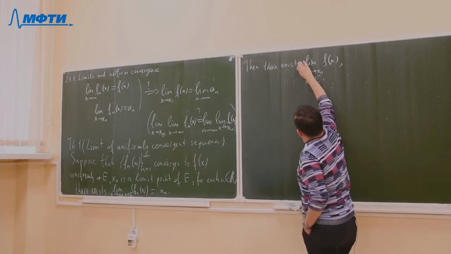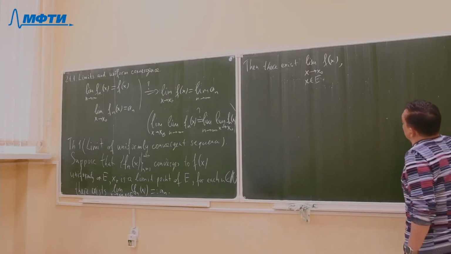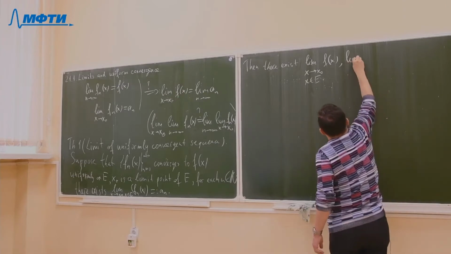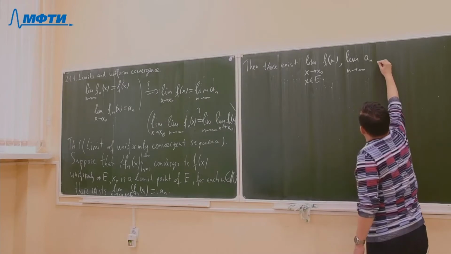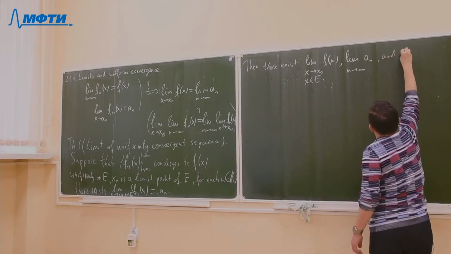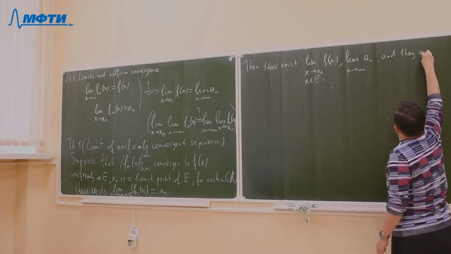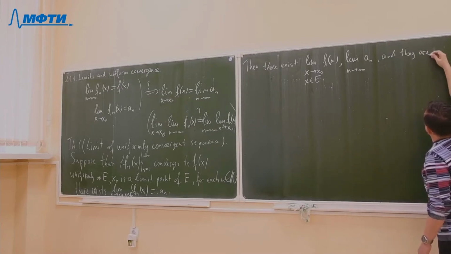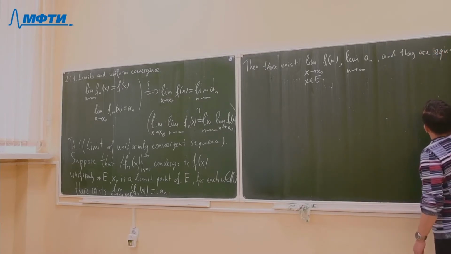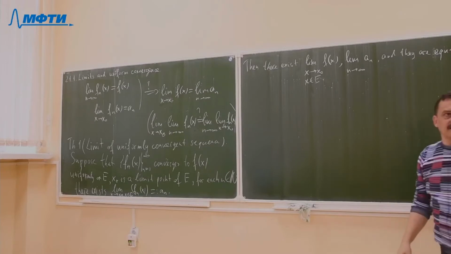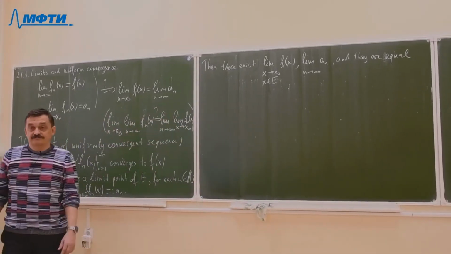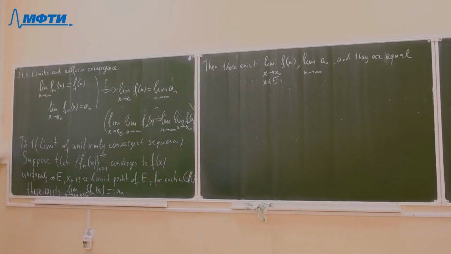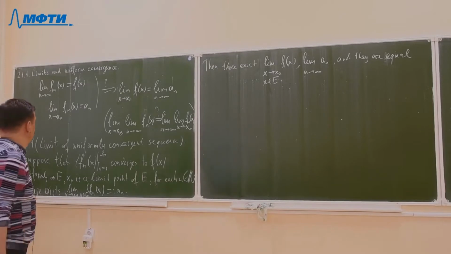There exist in fact two limits, and the limit as n tends to infinity of a_n, and they are equal. So we can interchange limits, in fact, because of uniform convergence.